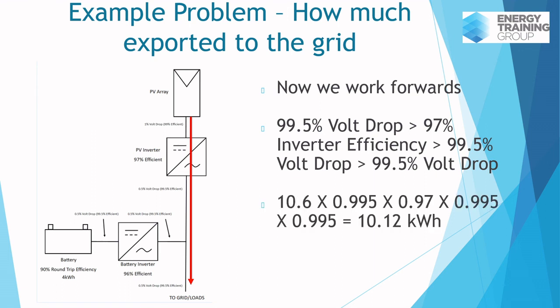We know we've got 10.6 kilowatt hours left over after charging the battery. So we do 10.6 times 0.995 times 0.97 times 0.995 times 0.995, and we can see we will be exporting to the grid 10.12 kilowatt hours.